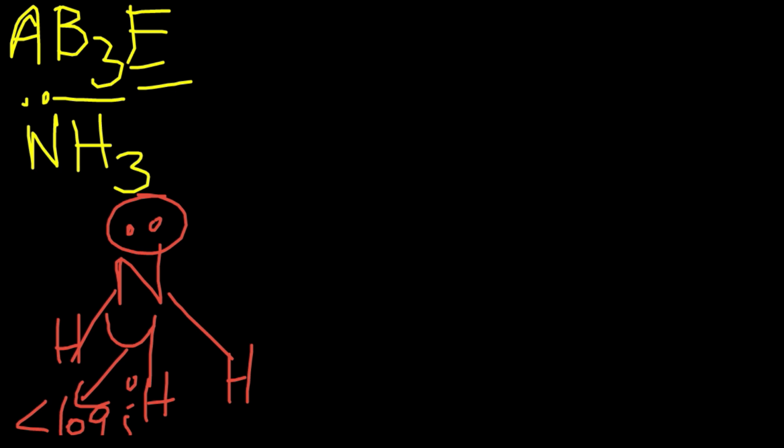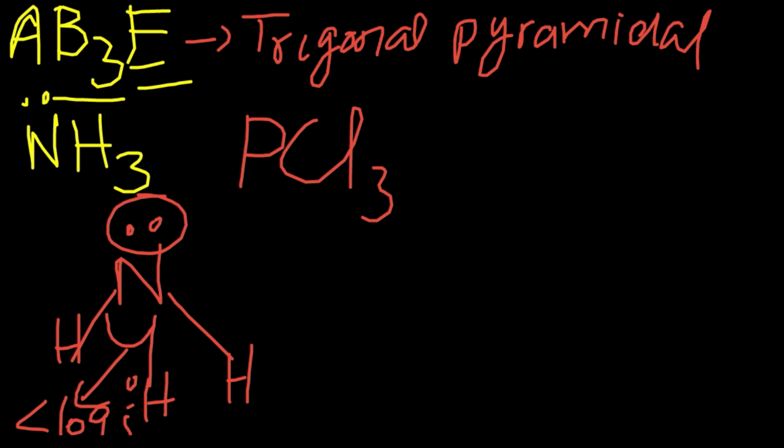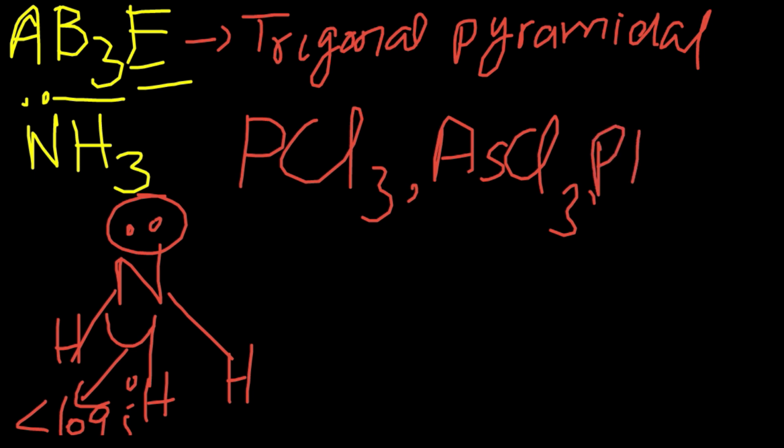So the geometry is trigonal pyramidal. The other molecules of AB3 type are phosphorus trichloride, AsCl3 and PH3.